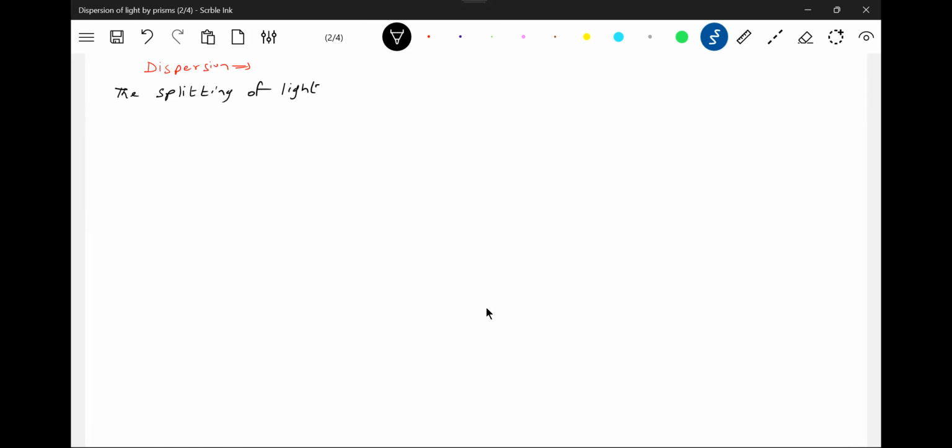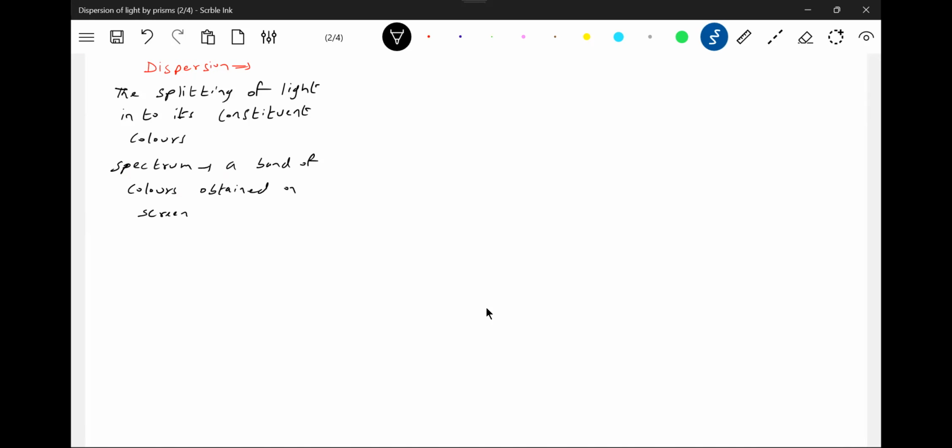And we'll define spectrum: a band of colors obtained on a screen.